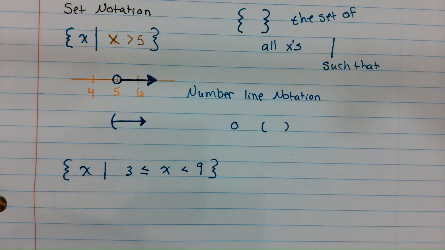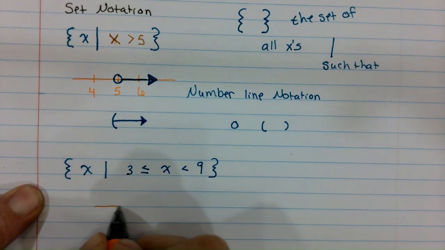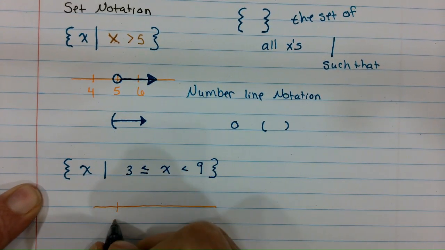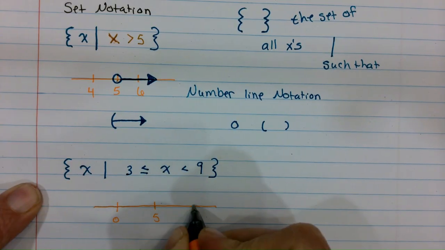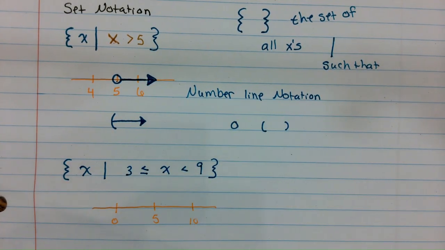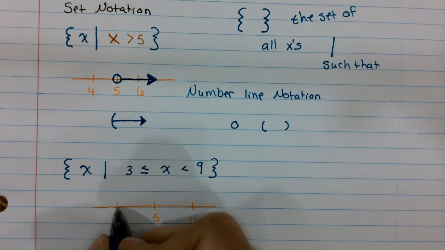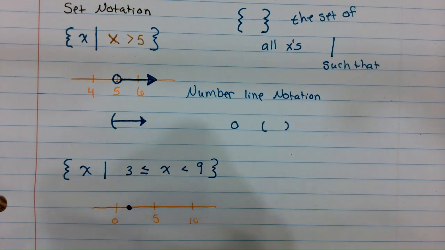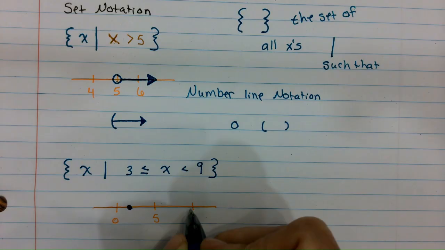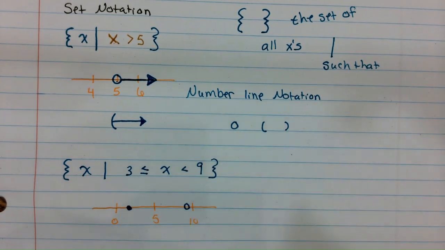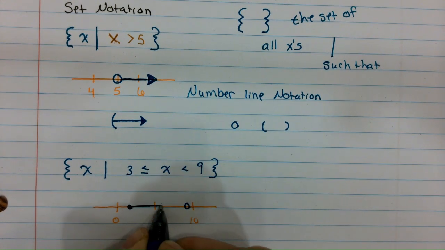Now in this case, when we do our number line, I'm just going to go 0, 5, 10. Since this is underlined, we would have used a closed dot on the 3 because 3 can be included. Sorry, that was a little off. I should have put it closer to the 5. And then we would have used an open circle on the 9 to show that it was not included. 8.999 repeating is the best we can do. And we would have connected them.